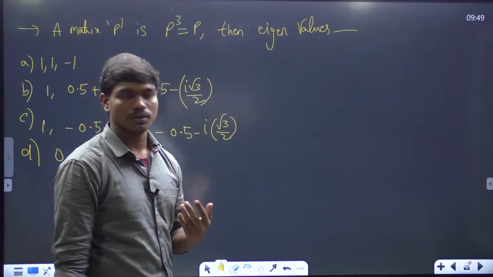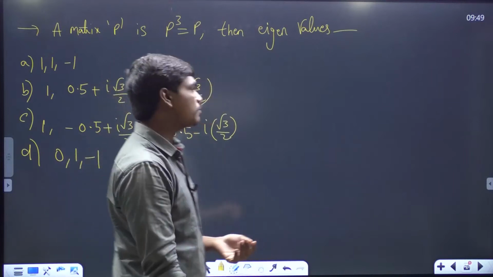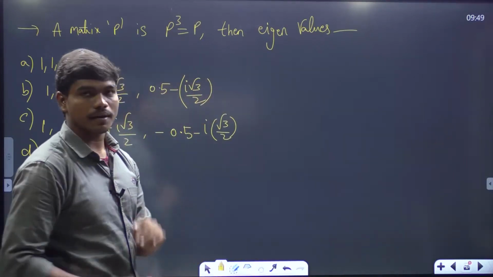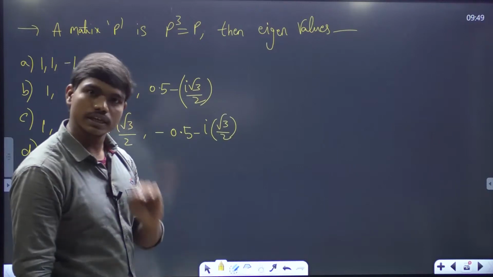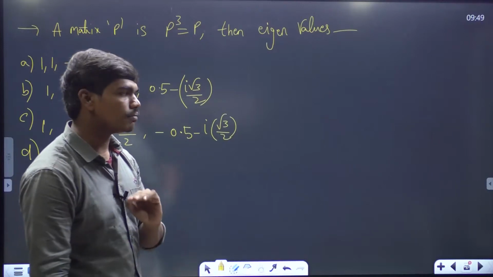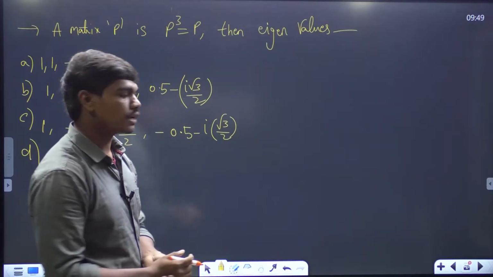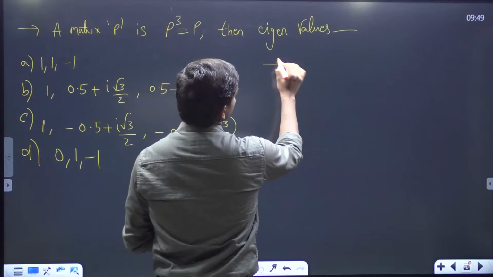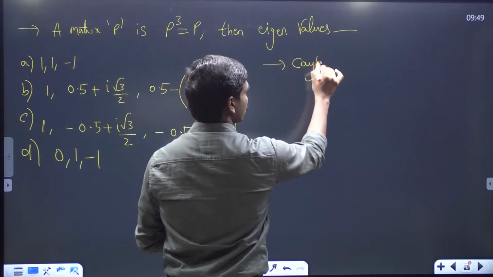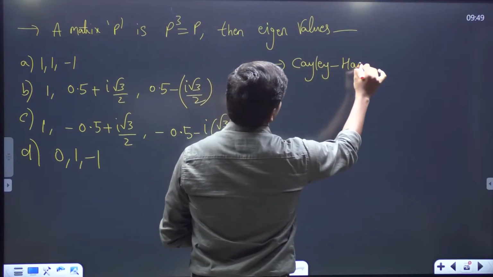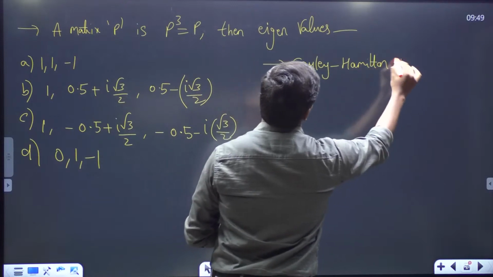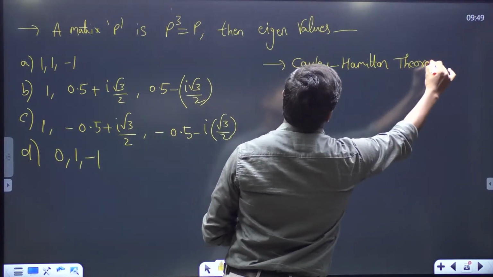I was not eligible to write GATE at that time, of course, for 2016, but this question still has multiple options. I have seen different institutes at that time that were giving answers for this. There's something called Cayley-Hamilton theorem, which we all know. What does Cayley-Hamilton theorem tell us?